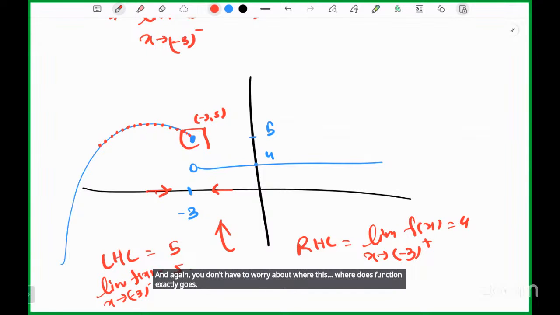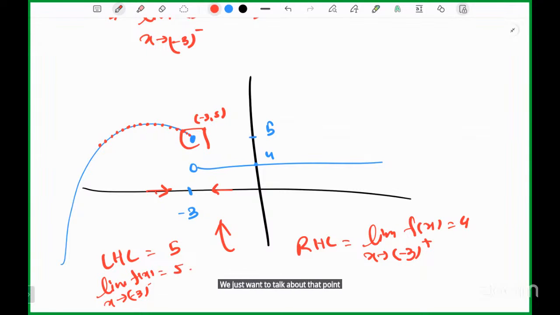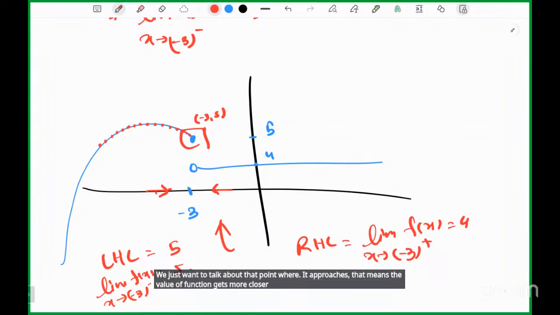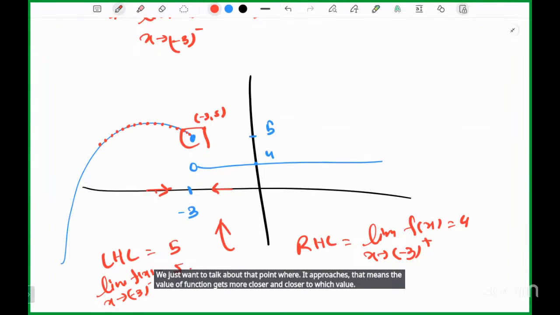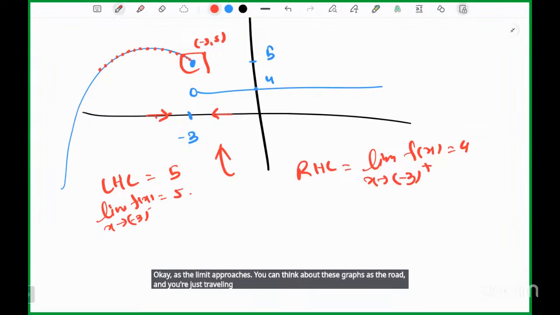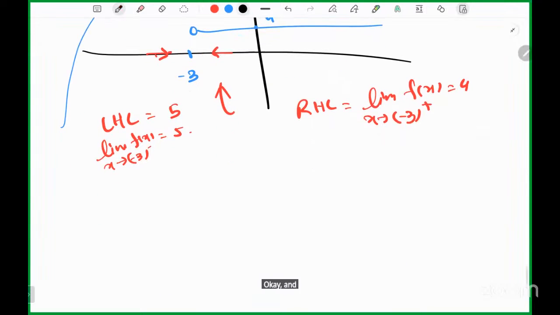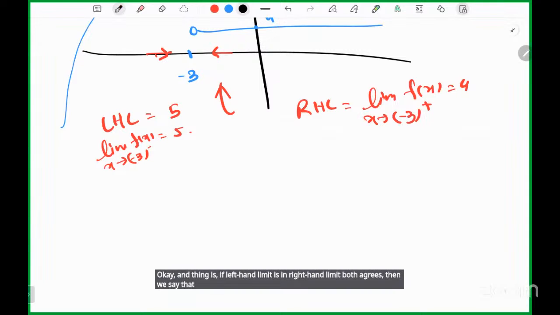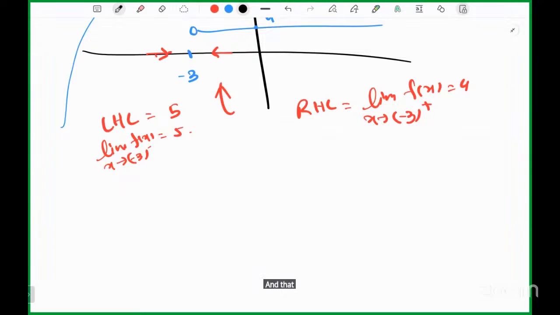We just want to talk about the point it approaches, that is, which value the function gets closer and closer to as x approaches. You can think of these graphs as a road, and you are traveling through that road to reach your destination. What will be the closest location you will get? And if the left hand limit and right hand limit both agree, then we say that the limit of the function exists, and that value is the same as each of the left hand limit and right hand limit.